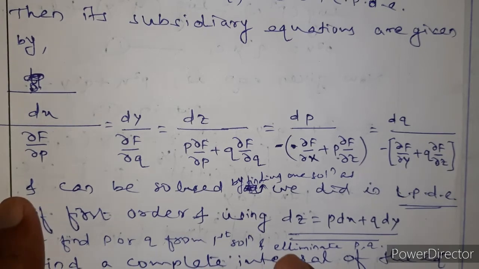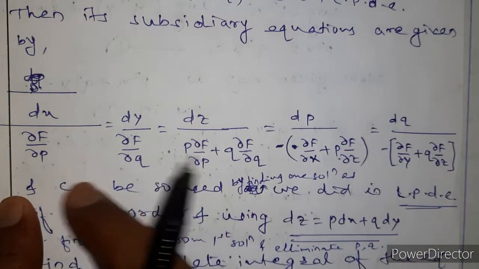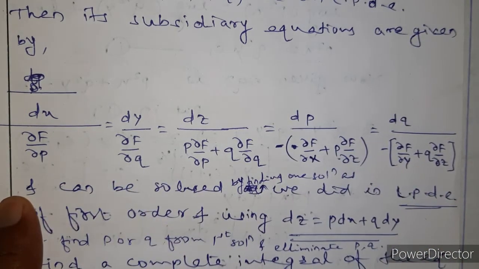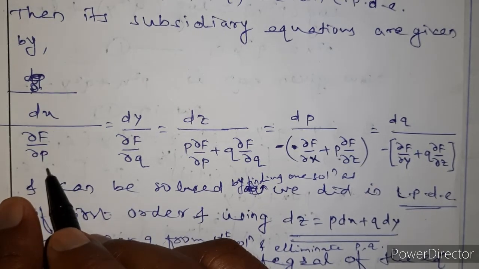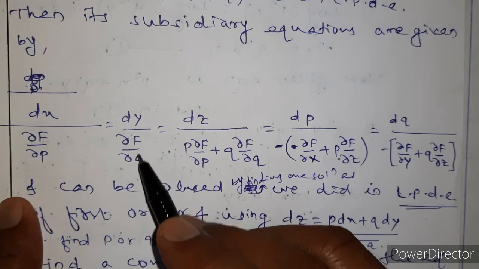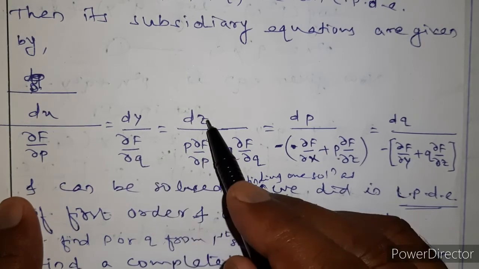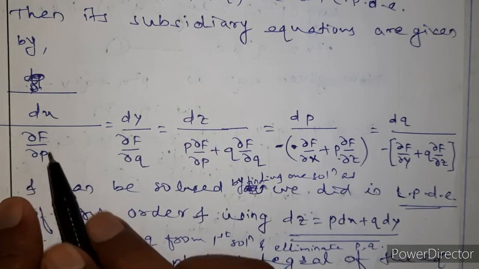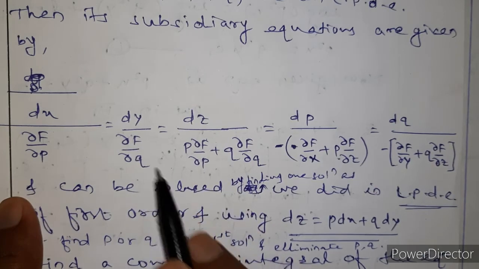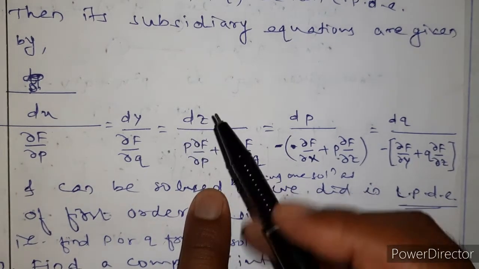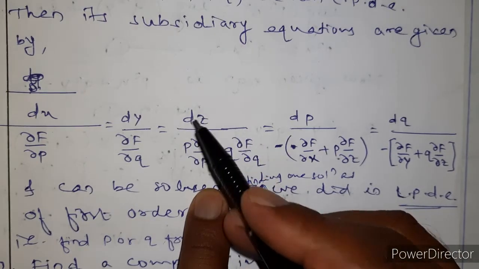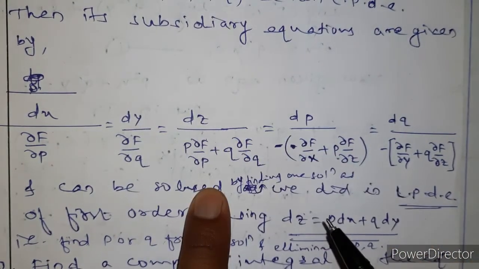What I have to write here, instead of P, Q, R, for non-linearity I have to take its derivative. See here, dx upon ∂f/∂p, dy upon ∂f/∂q, dz upon p into ∂f/∂p plus q into ∂f/∂q. From this you will get dz, value of dz is p dx plus q dy.